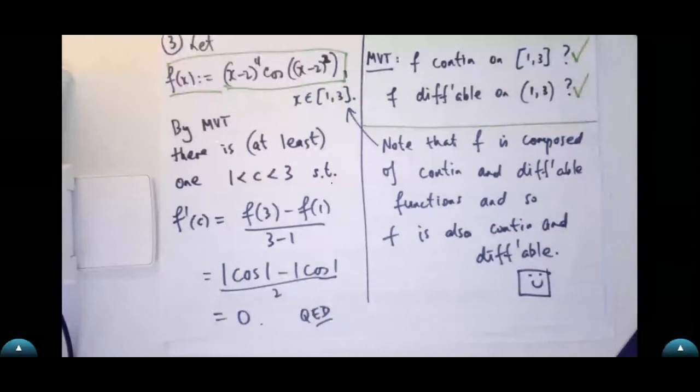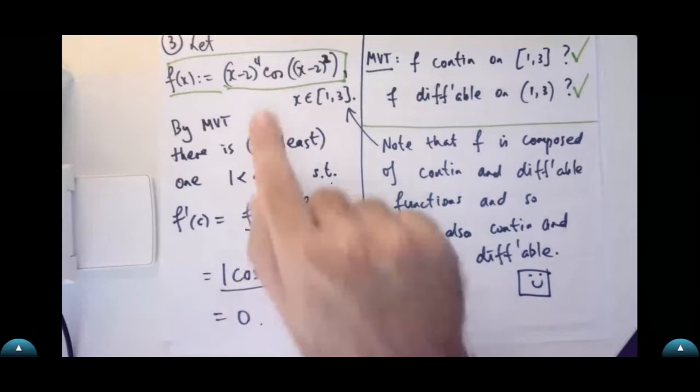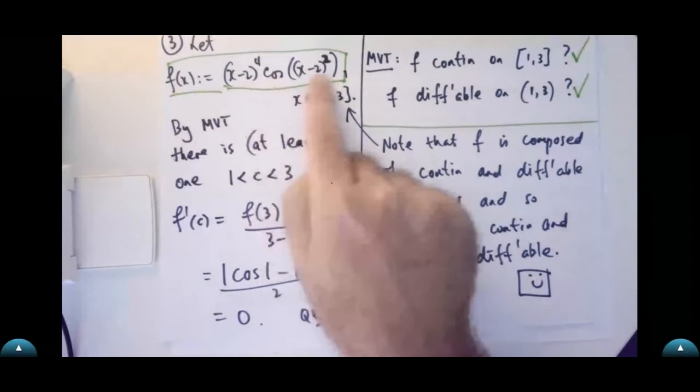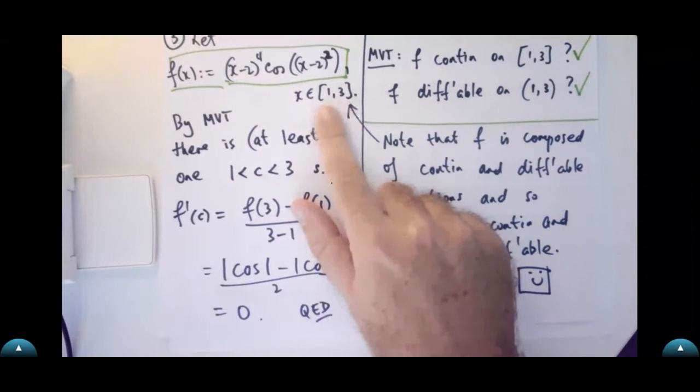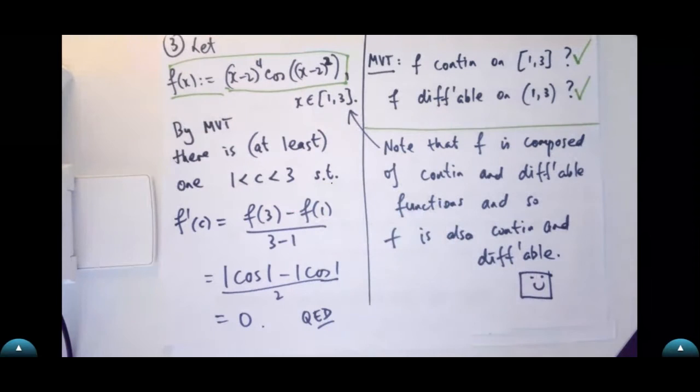We don't care what happens everywhere else, right? But this should be continuous and differentiable everywhere at all x points. Yeah? But strictly speaking, we don't really care, because this is the interval that we're focusing on.